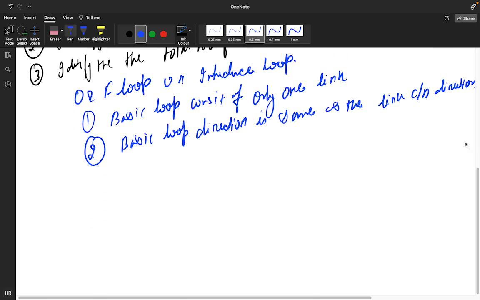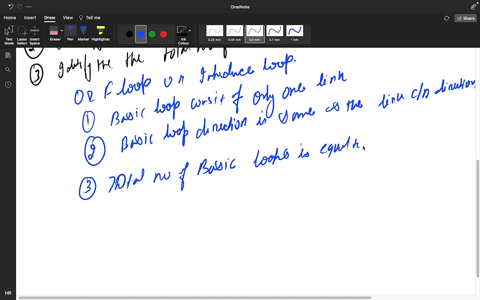Okay, so the total number of basic loops is equal to the total number of links only. Total number of links, and the links formula I told you: b minus n minus 1.